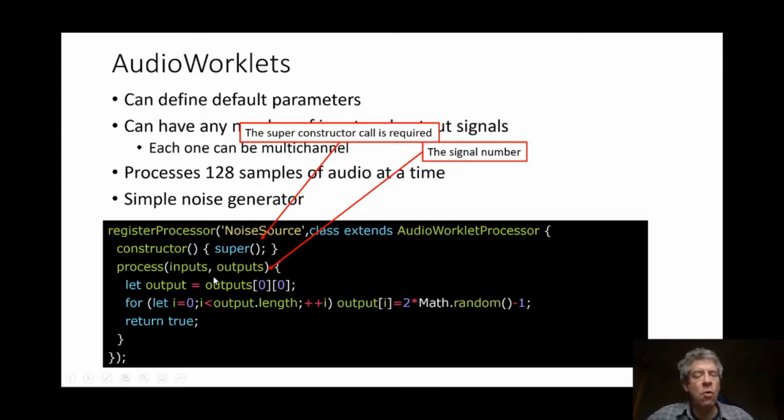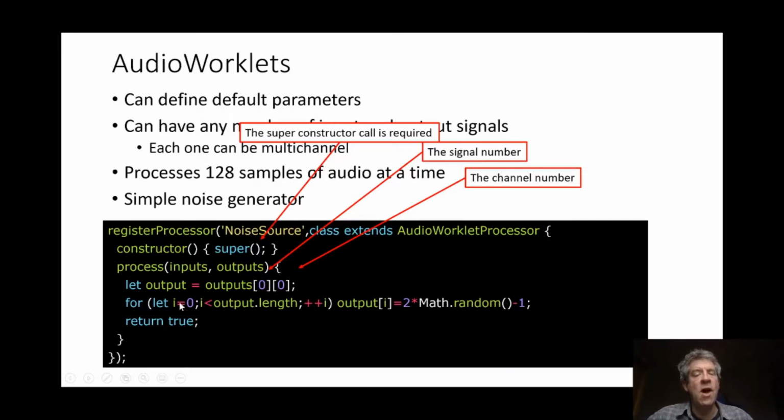So of all of the outputs, just the very first one, outputs of 0, that's the first signal or track, and then we have the very first channel.